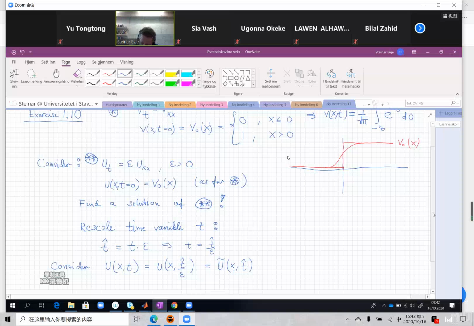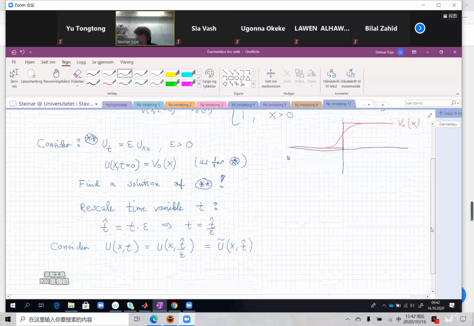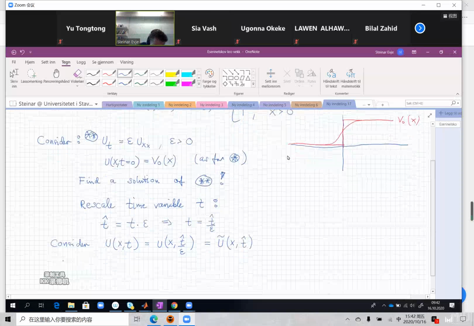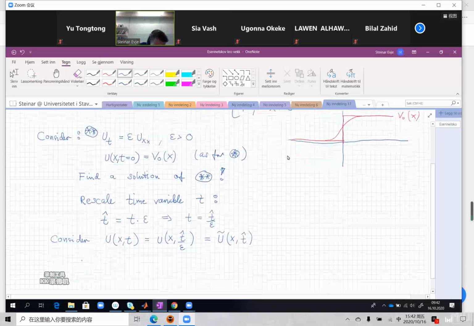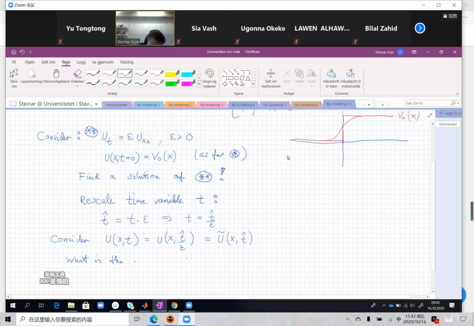And then the question is, what is the equation satisfied by this rescaled variable u tilde of x, t hat?